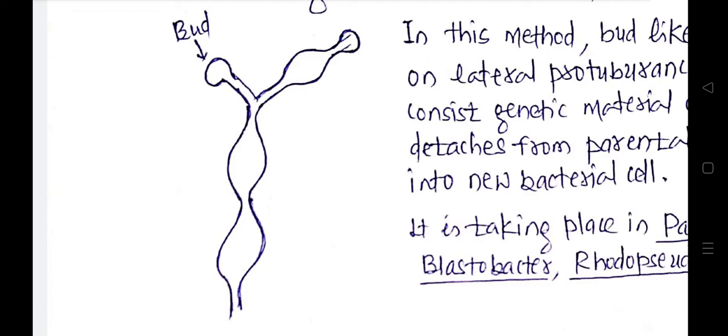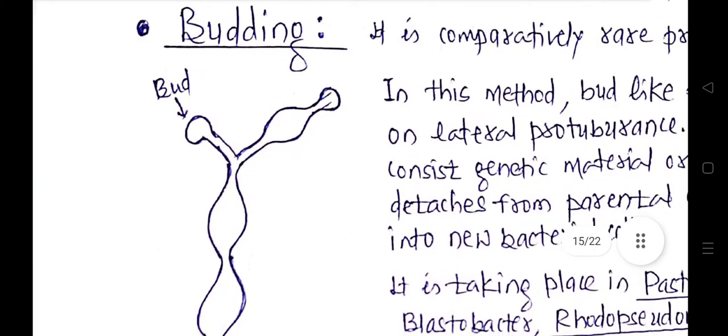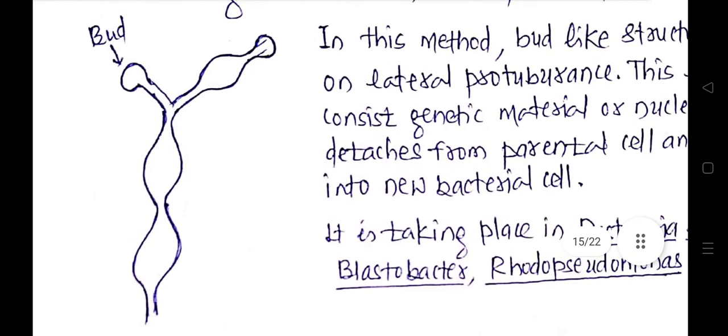Later on, this bud gets detached from the parental bacterium and works as a bacterium. So this is called the budding method, and these bacteria are called budding bacteria. Very few examples of budding bacteria exist.